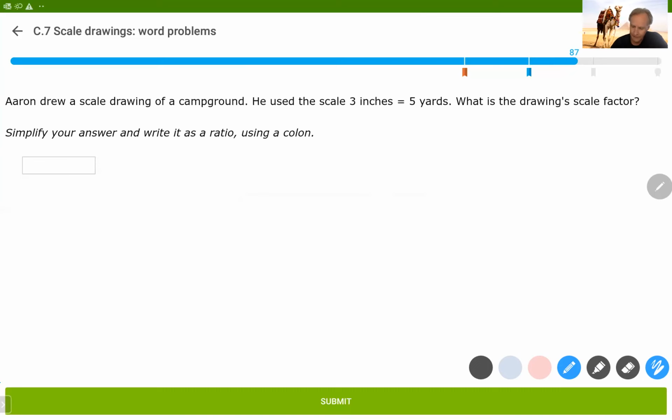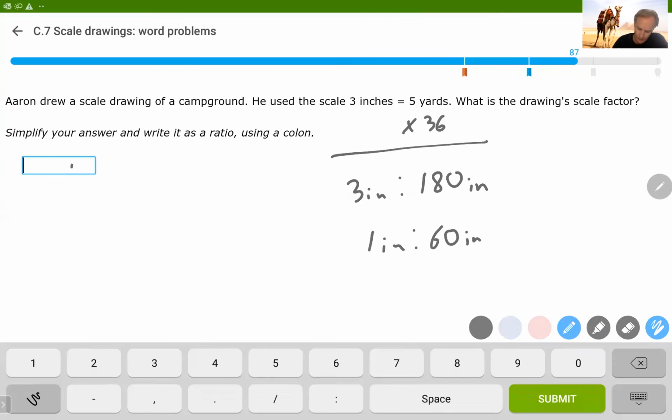Oh, 3 inches to 5 yards. Now this is multiplied by 36. So this is 3 inches, and 36 times 5 is going to be 180. And we're going to divide by 3. So it's 1 to 60.